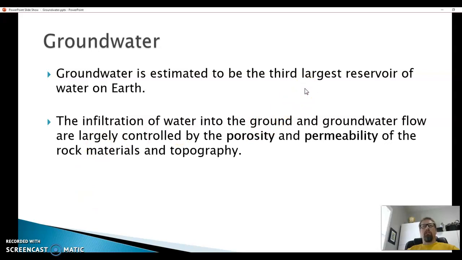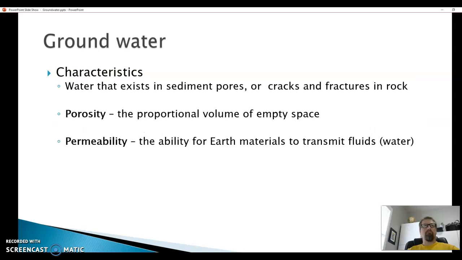And we've looked at porosity and permeability a little bit, and those are the two keys here when we're talking about infiltration and groundwater movement. So porosity is the empty space between pores.